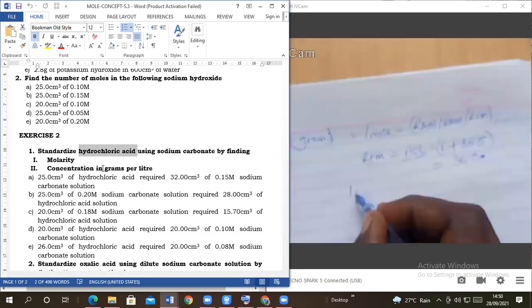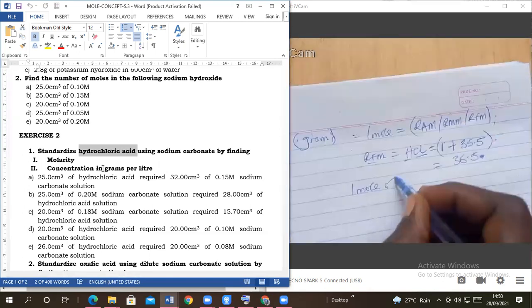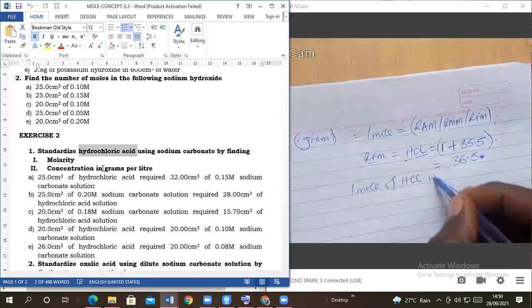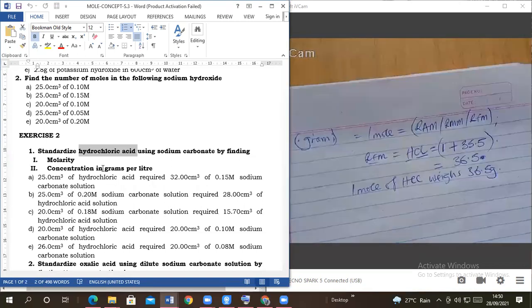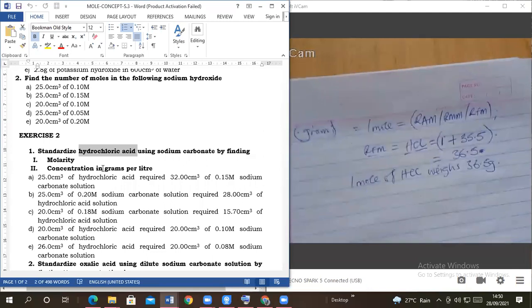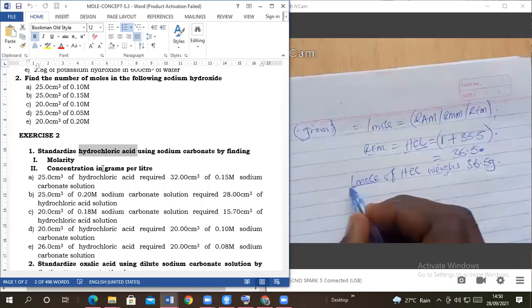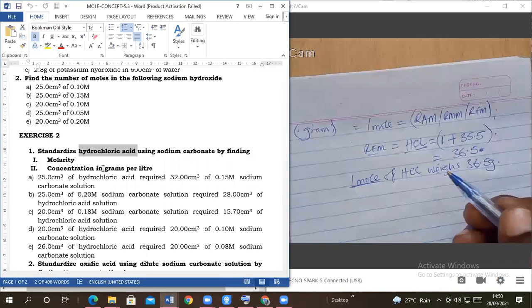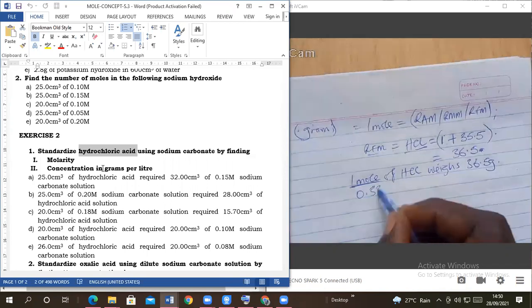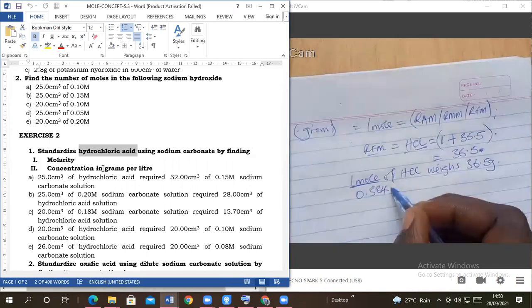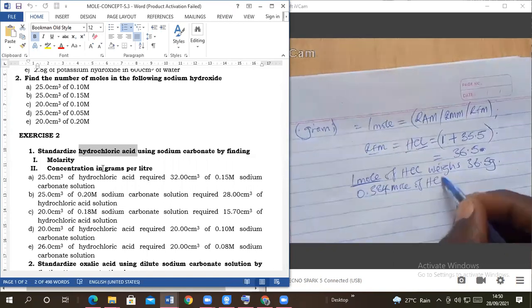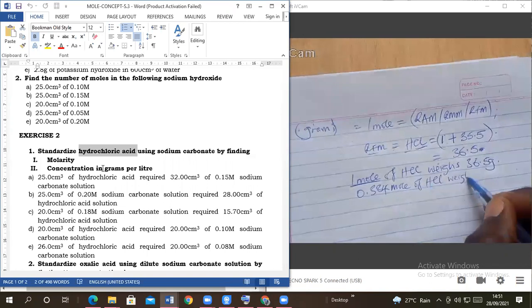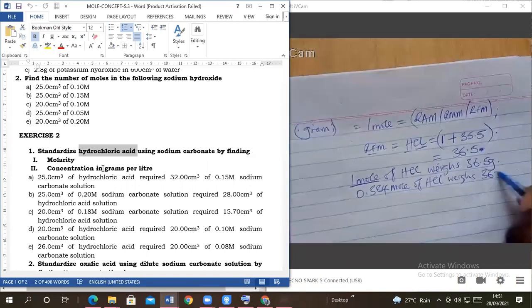Then you say 1 mole of HCl weighs 36.5 what? Grams. What about the molarity you have? What is the molarity? The molarity was 0.384 moles of HCl. What does it weigh? It weighs 36.5 times 0.384.